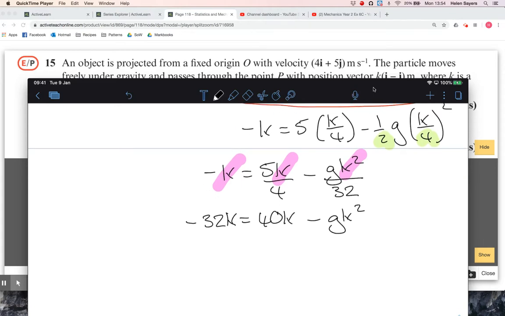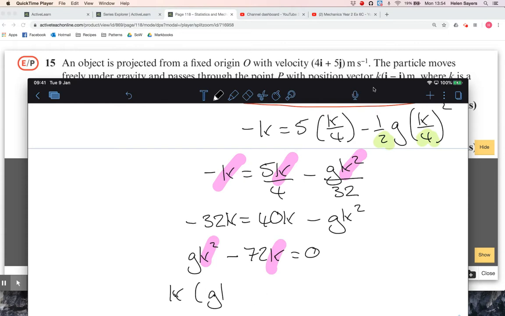I'm going to bring the minus gk squared over to the left-hand side, and then also minus the 40k from the left-hand side. So that will be 72k. Okay, so again, remember it's just a quadratic in k, so I can take out a common factor of k.